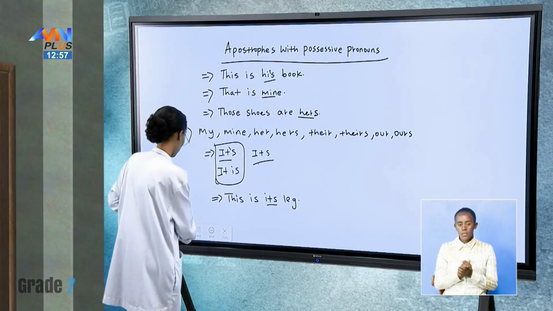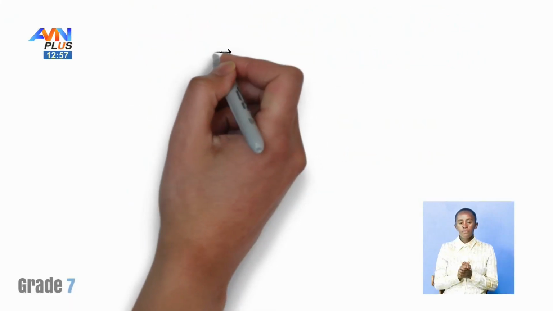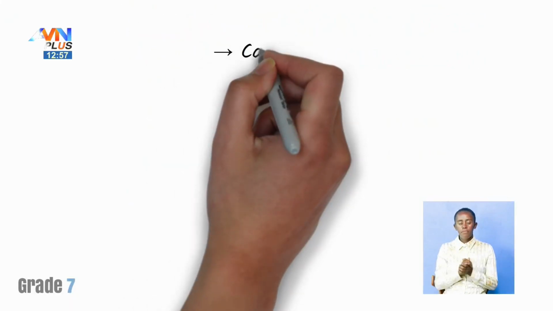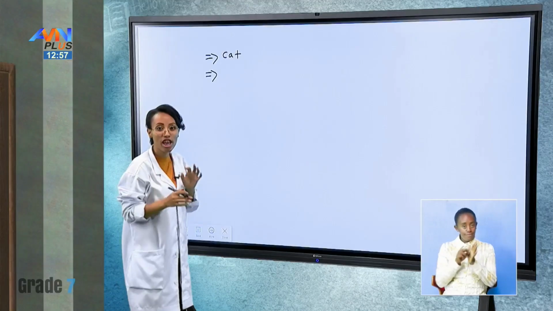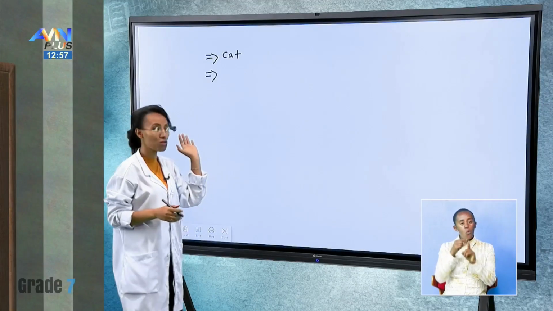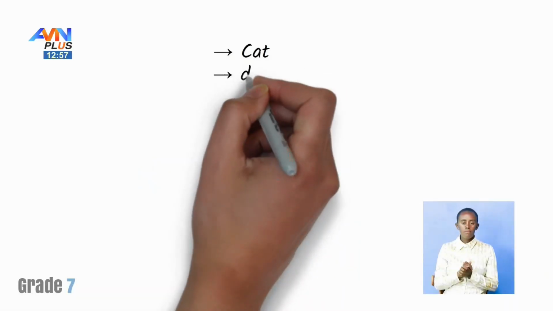Let's do some quick examples. For example, if you remember the rules that I told you earlier, I want you to change these words into their apostrophe, their possession form.